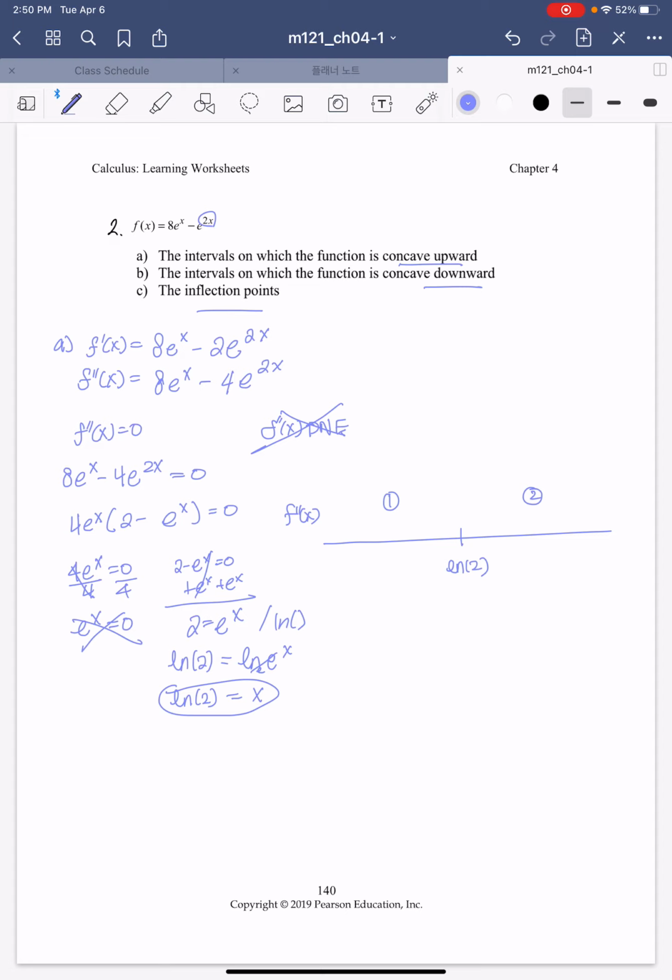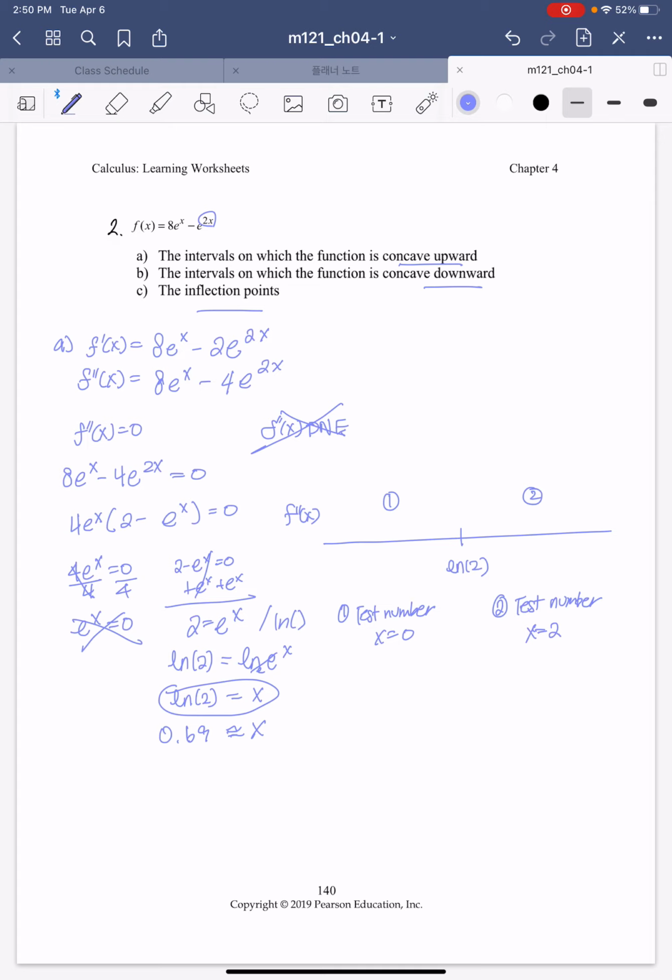So ln 2 popping into the calculator, I get approximately 0.69. So for the test number for region 1, I can use a 0. That's an easy one. For region 2, anything that is bigger than 0.69 works. So I'm just going to pick a random number, 2.